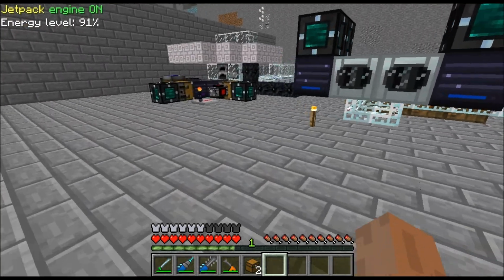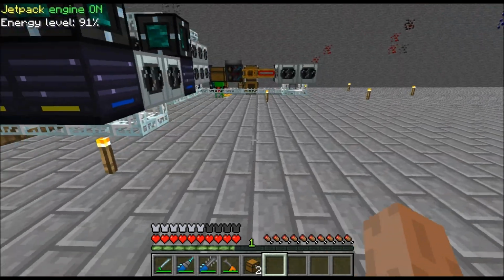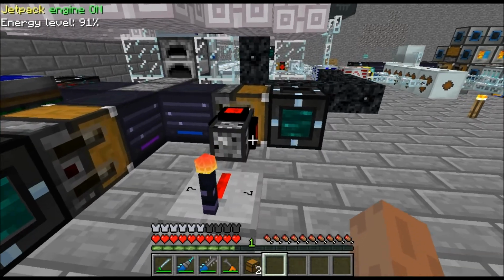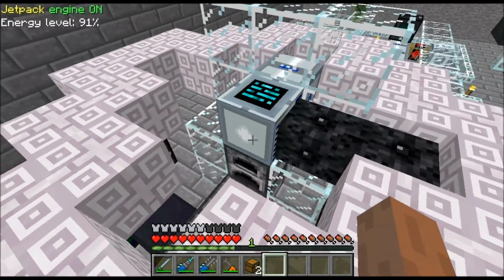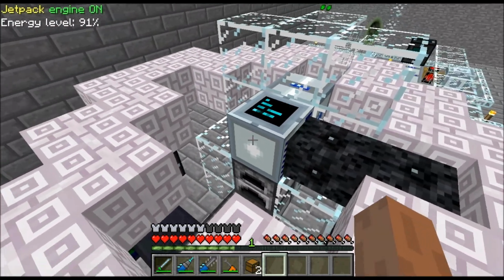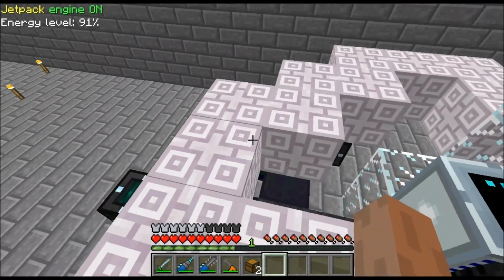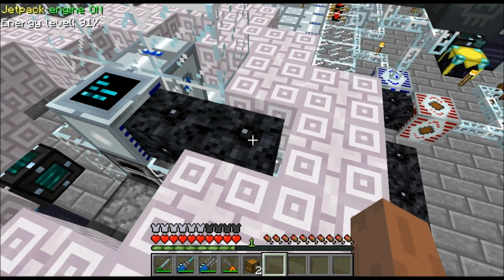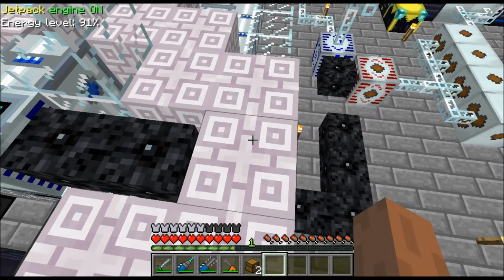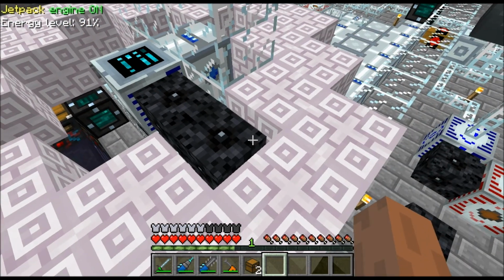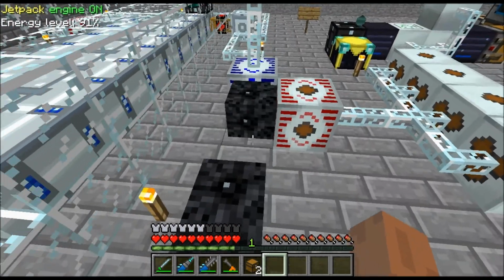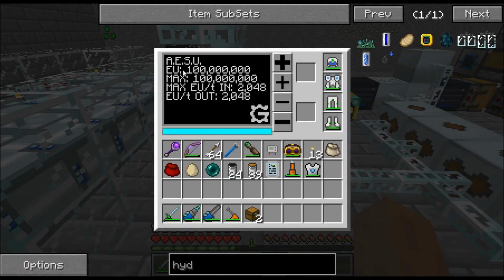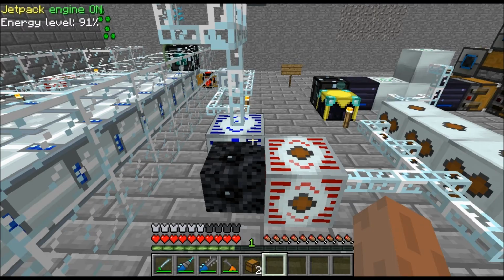And so if we go over to the reactor, if we follow those tesseracts, over here is the fusion reactor. So here's the reactor itself, and then here's the fusion coil that goes around it. And then this right here is a high voltage cable, which I've left in place just in case I ever need it again. But what I do is I hook it up to my AESU over here.